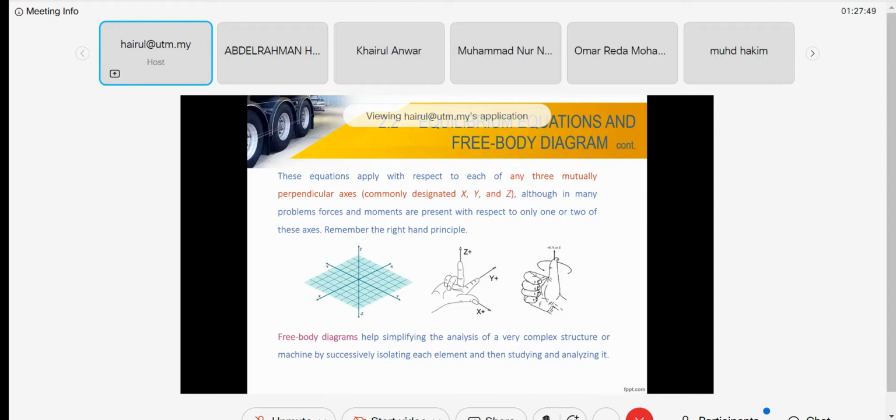Moment and torque is actually force times distance. Times distance is moment, and we can also call it torque. But the direction of it follows your right hand rule.